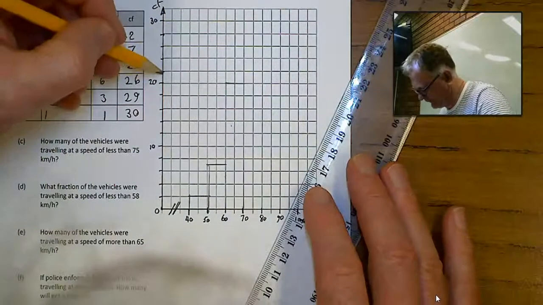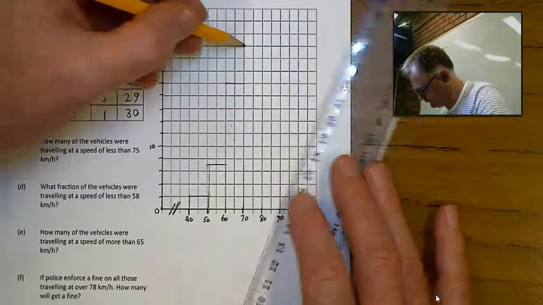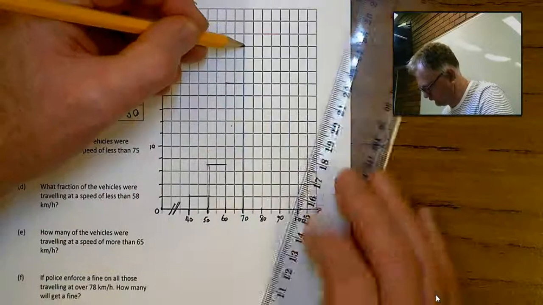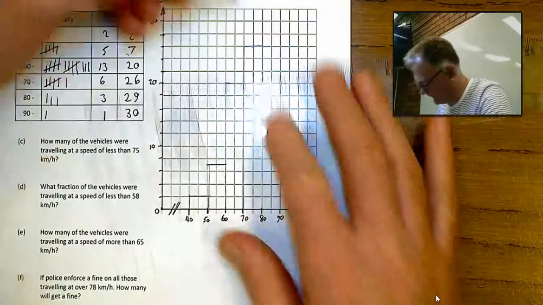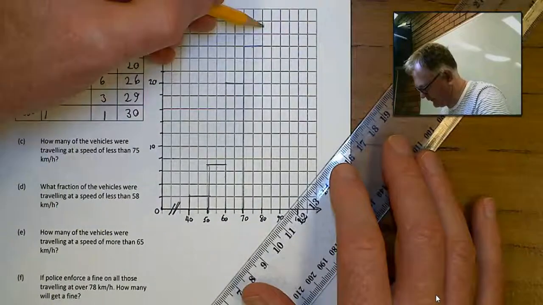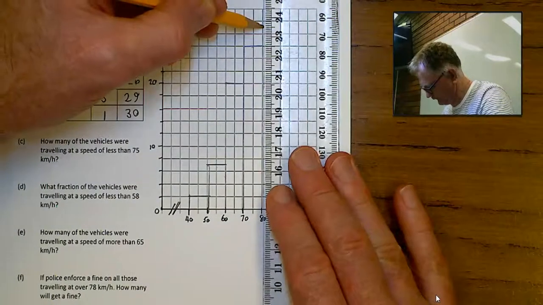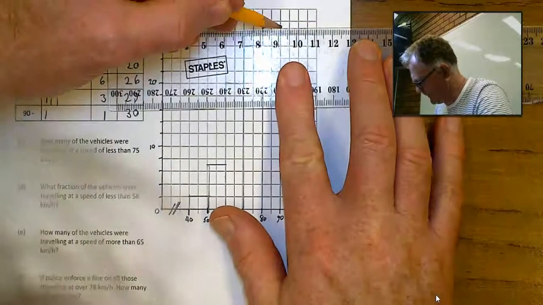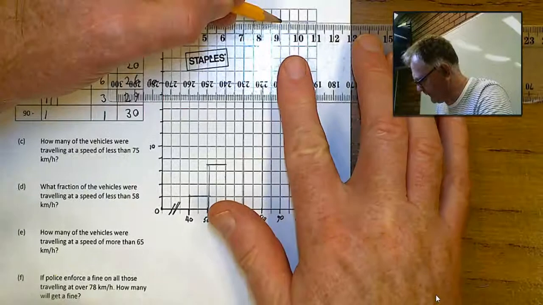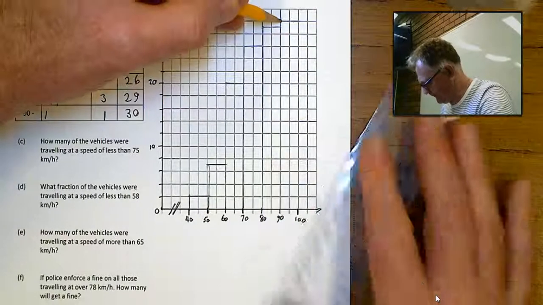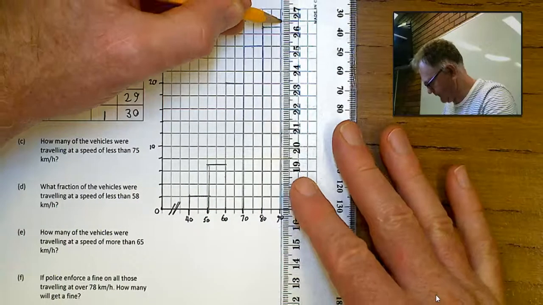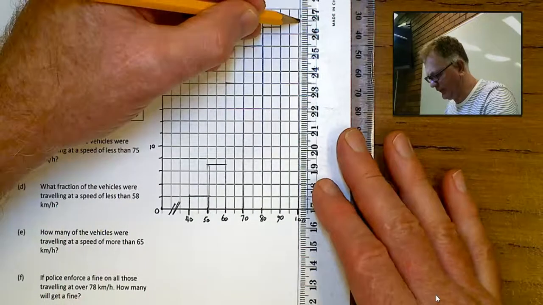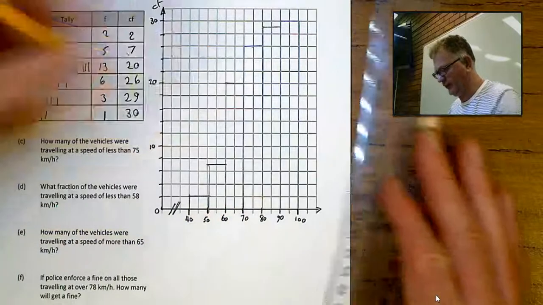Up to 26. 29, and finally finishing at 30. Now that would be called a cumulative frequency histogram, and our ogive is going to sit inside that.